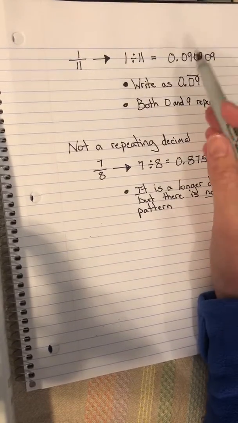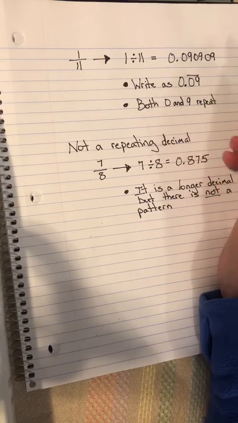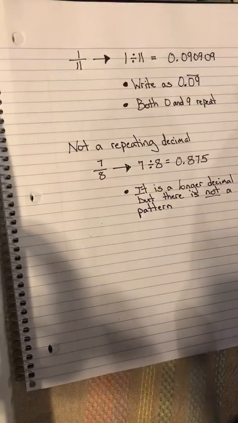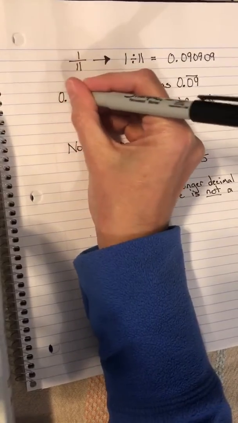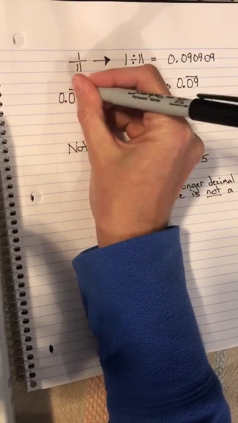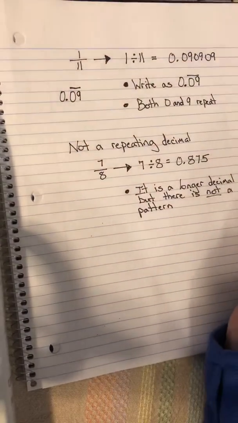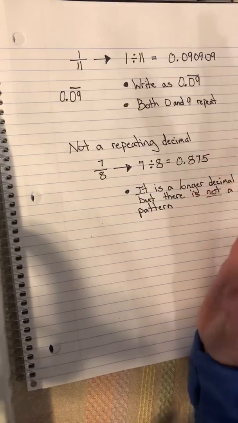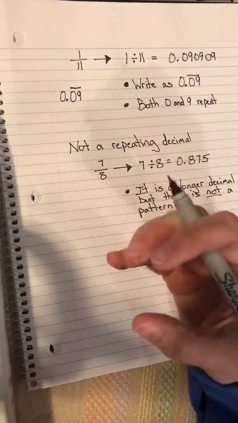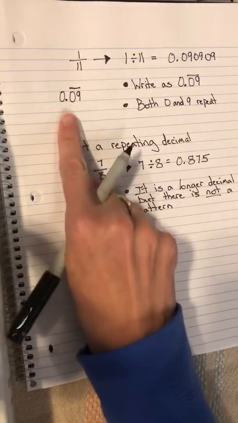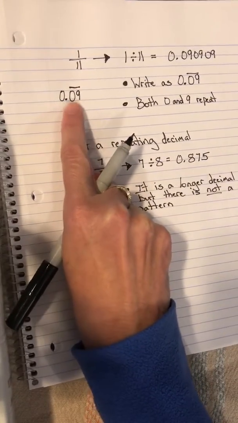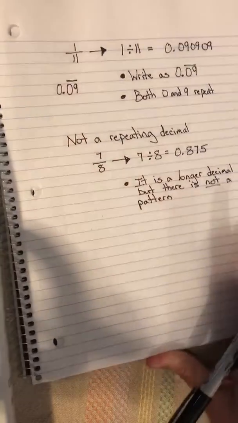This time it's the 0 and the 9 that are repeating. So when we write it, we need to put the bar over both numbers, because the pattern is 2 numbers that are repeating, not just 1. So we would write this as 0.09 repeating.